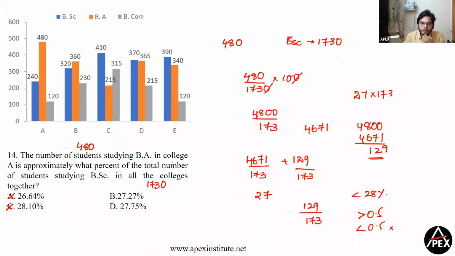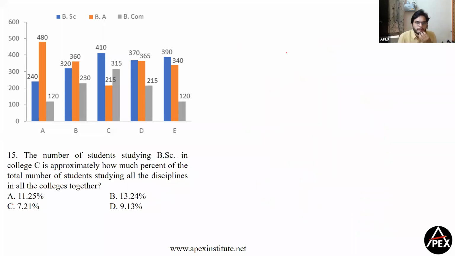So I can also eliminate option B. So D should be the answer. So approximate percentage will be 27.75. If I have to solve this question, I will be solving it in this way. Clear? Clear. Okay. So moving to next question.